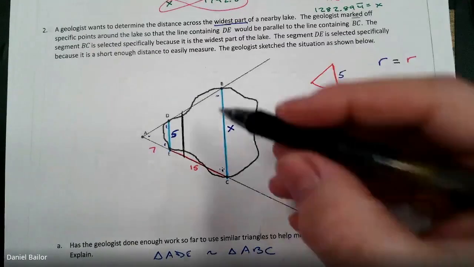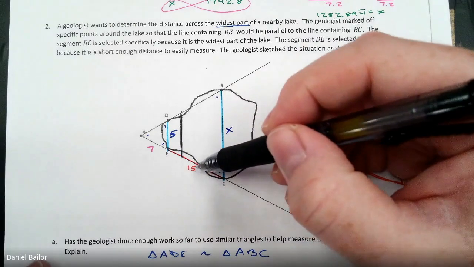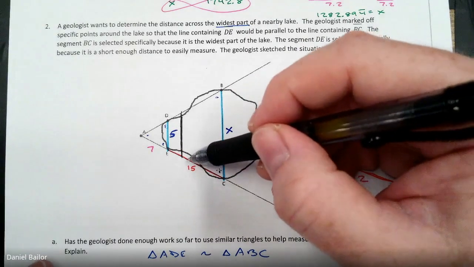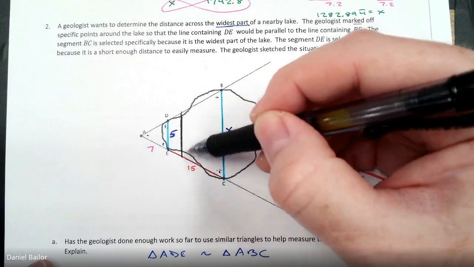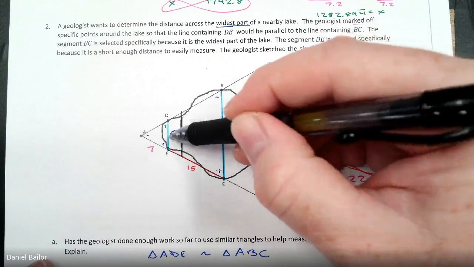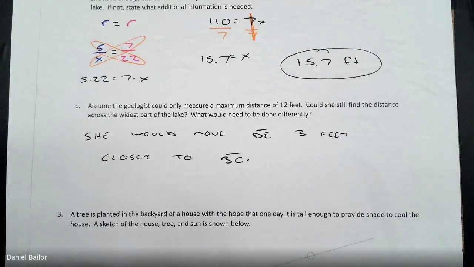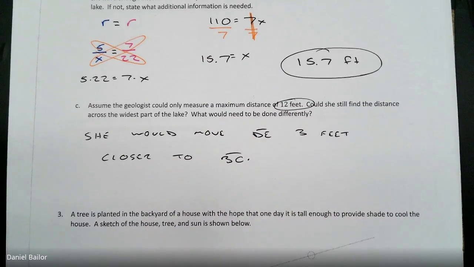Because if this moves 3 feet closer, the 15 turns into a 12, which is what she can measure. The 7 turns into a 10. Measuring DE might be a little bit trickier after she moves it, but everything would be smaller than 12 so that it's still possible. If her tape measure only goes up to 12, she can still do it. She just has to move the DE line.